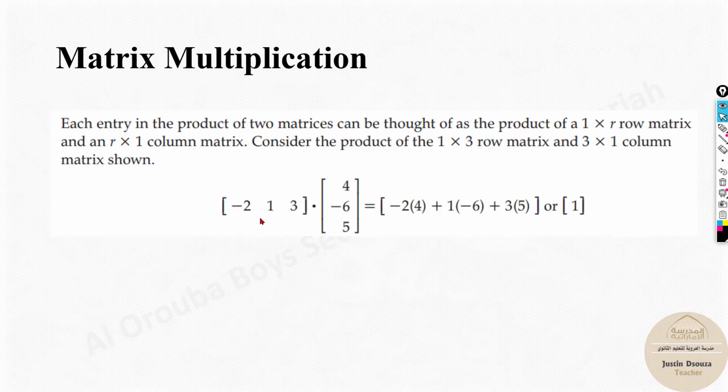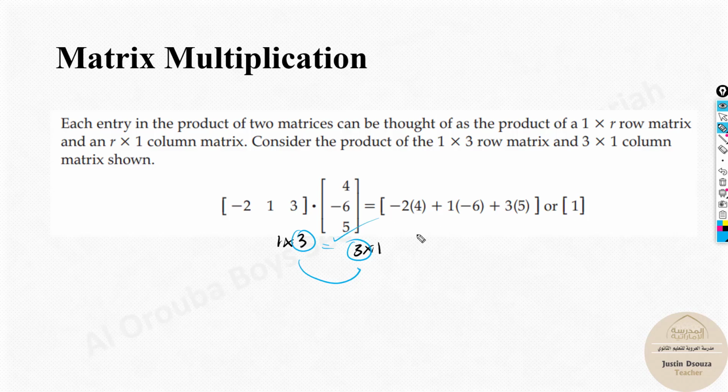Let me show you with this over here. Look here, what is the dimension of this matrix? That's the row and column. It's only one row multiplied by 3 columns, 1, 2, 3. What about this? It's 3 rows and just 1 column. Now look at these two inner dimensions, 3 and 3, they are equal.